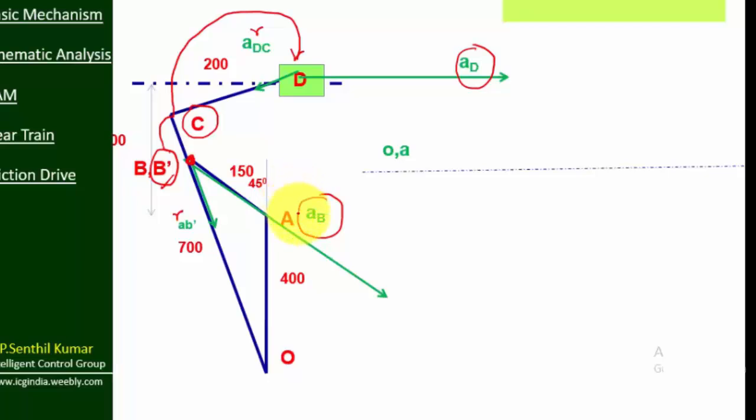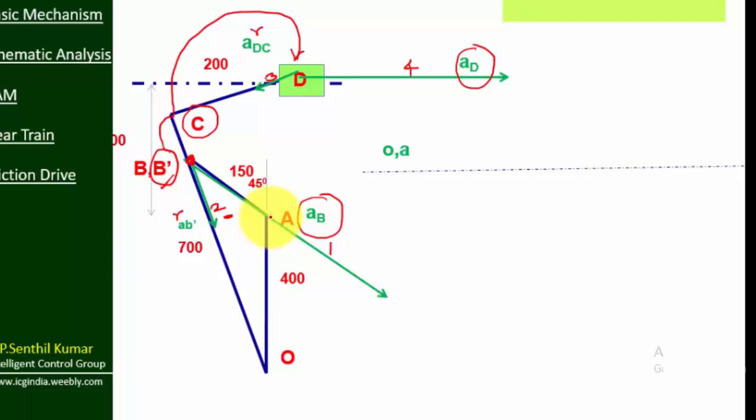I will tell you once again. There are 4 acceleration components, 1, 2, 3, 4. For 4 and 1, there is no problem. 4 is just horizontal. A true component, there is no tangential since it is rotating at constant speed. For 2 and 3, you need to find radial as well as tangential components. So how are we going to do this?